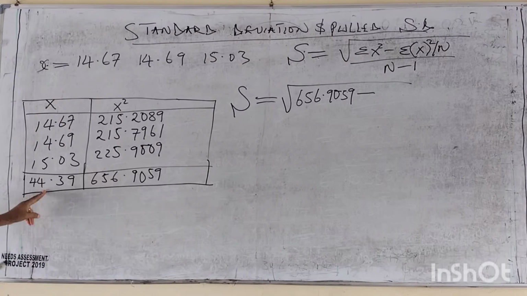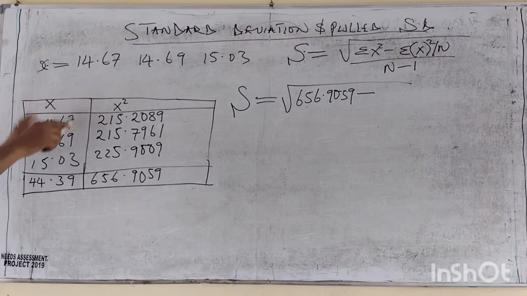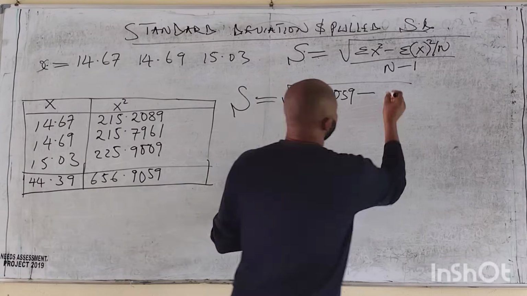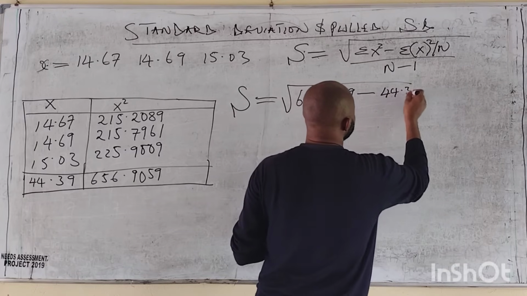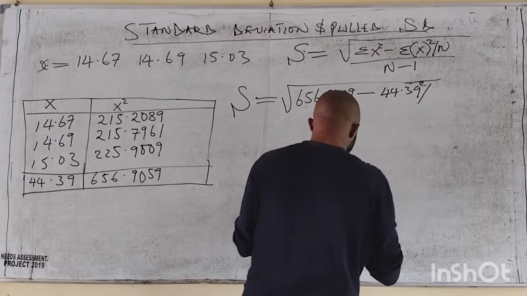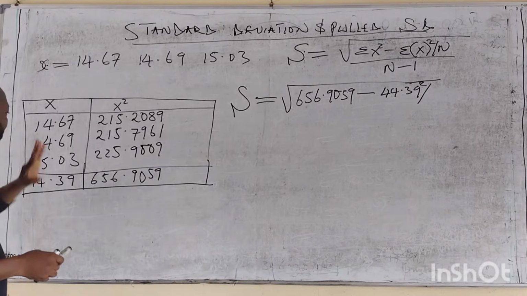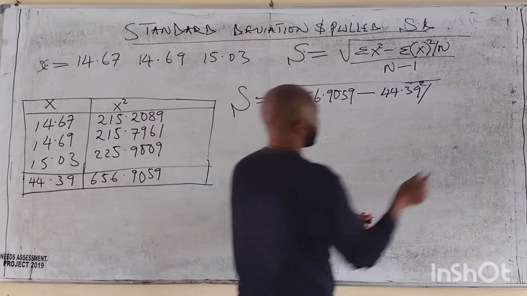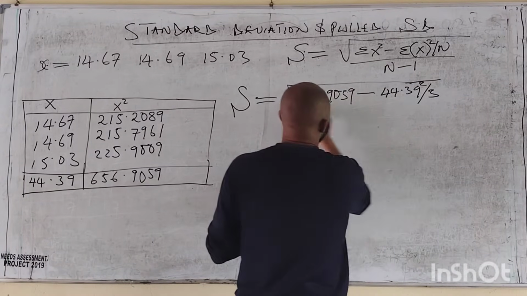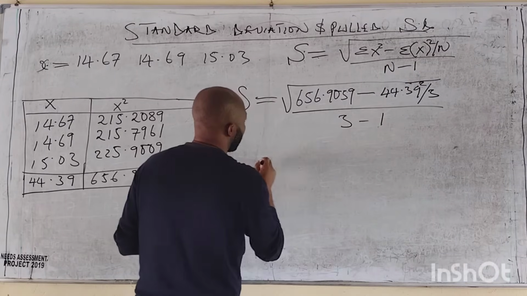When we sum it, we square it. So we have summed the x officially, but we have to square it now. So we have 44.39 squared, divided by the number of data points. We have 1, 2, 3, so we have 3 variables there. So over 3, all over 3 minus 1. We move further.